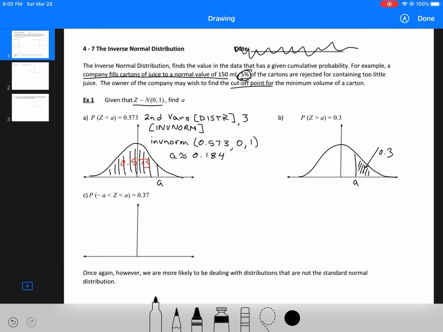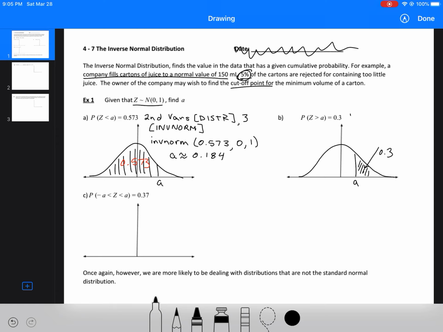Yes, I realize that maybe the areas aren't exactly accurate. What the sketch is just trying to do is give you an idea of what part of the graph you're looking for, not really the size of the area. So this one here, now we're looking for 0.3.